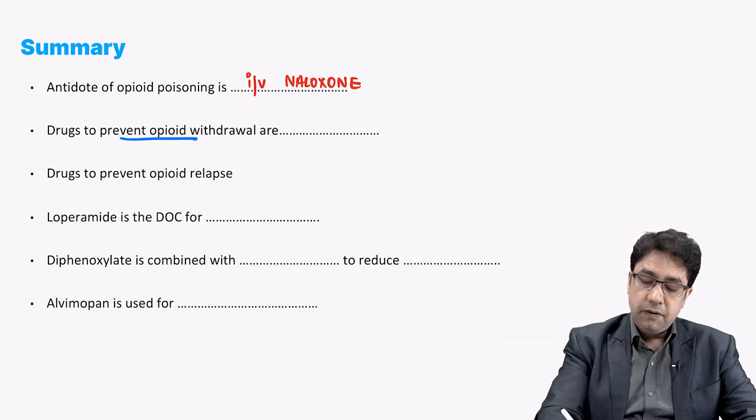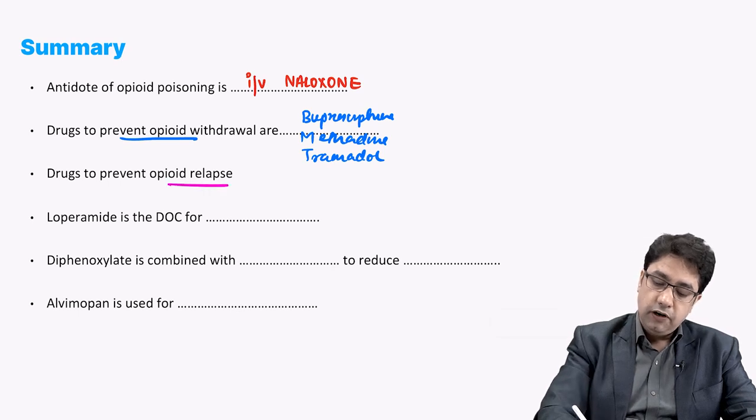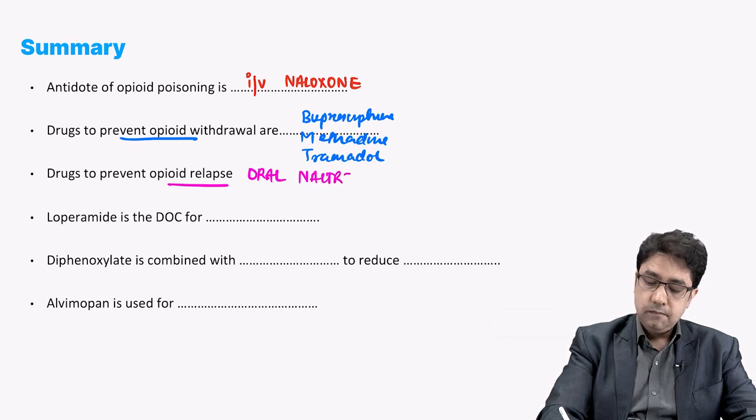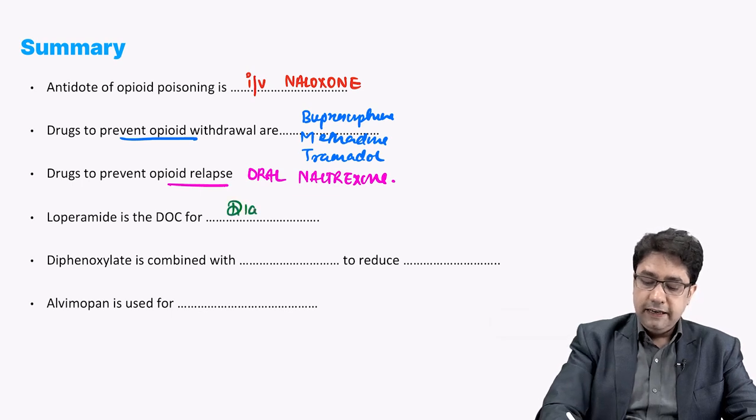Which drug is given to prevent opioid withdrawal? BMT. Buprenorphine, methadone and tramadol. And which drug is given to prevent opioid relapse? That is oral naltrexone. Now, loperamide is the drug of choice for diarrhea.